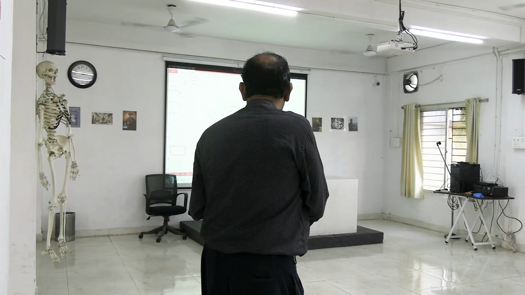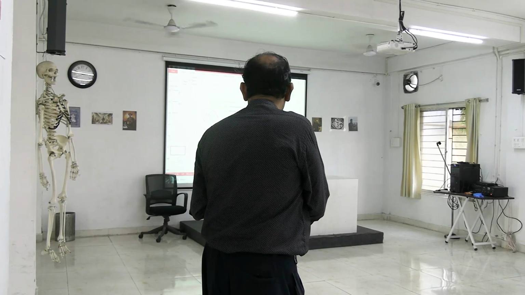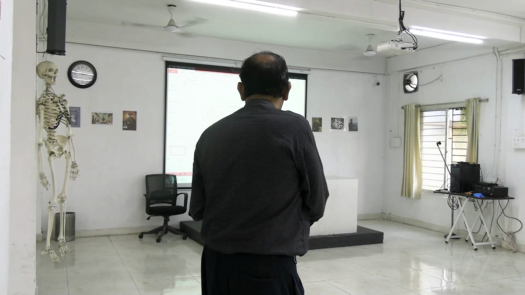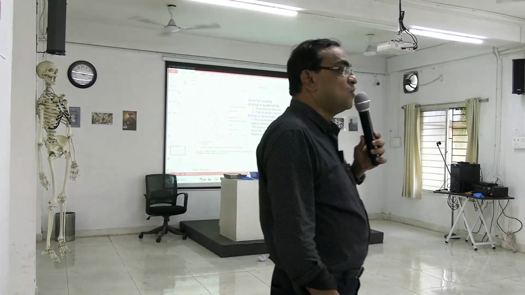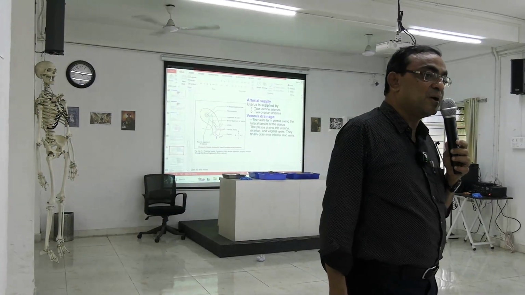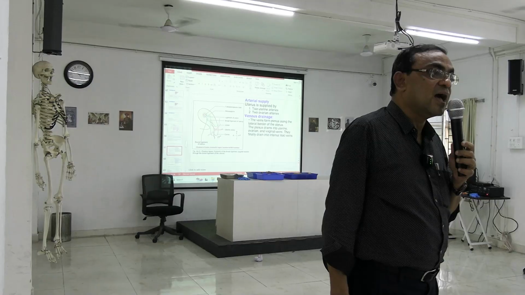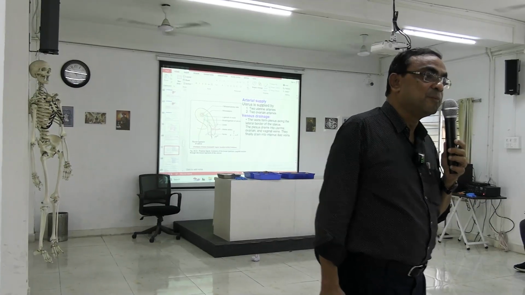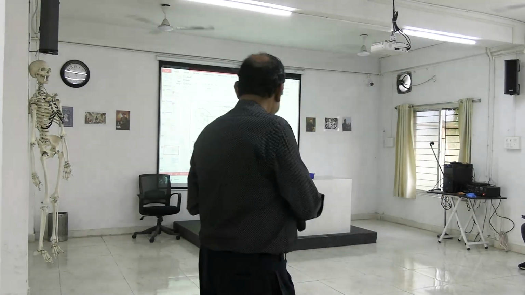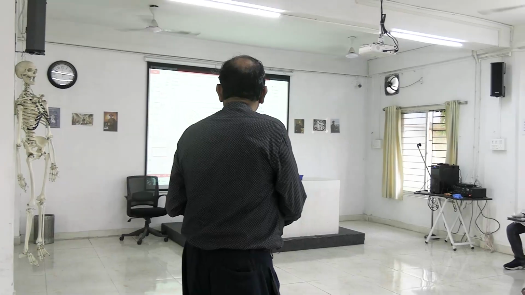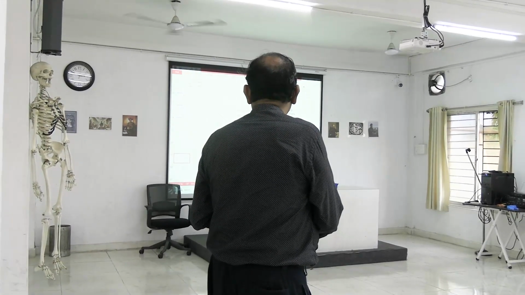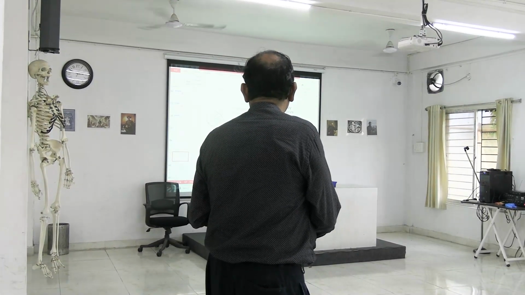Ultimately it enters through this lower end of the broad ligament and supplies the uterus and also part of the fallopian tube. So this is the broad ligament, and this is the tracing.